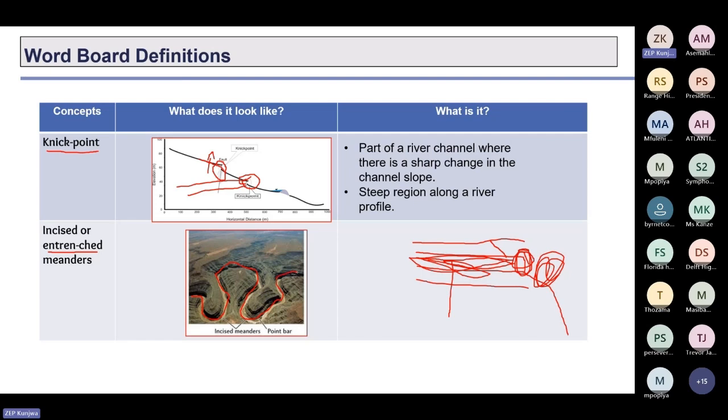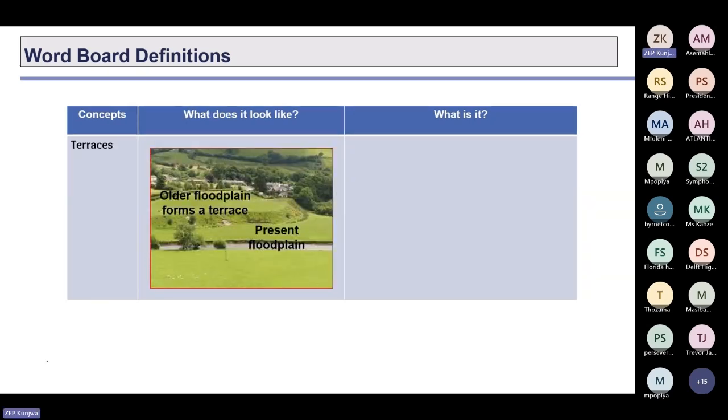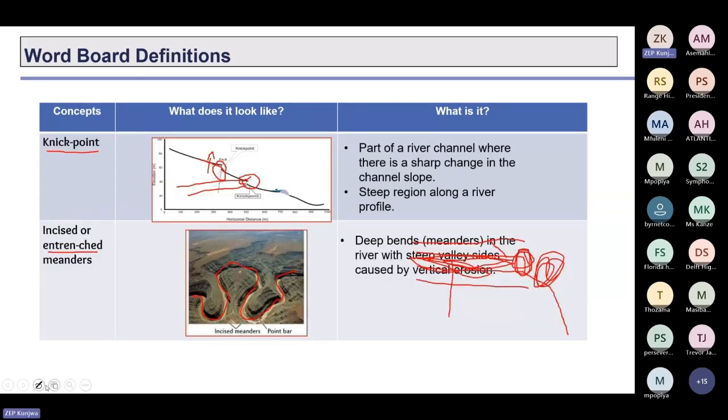Now, that incised meander, we are referring to that deep vertical cutting of a river, which has changed the landform. Let me try to erase my diagram here so that this can be clear for you.